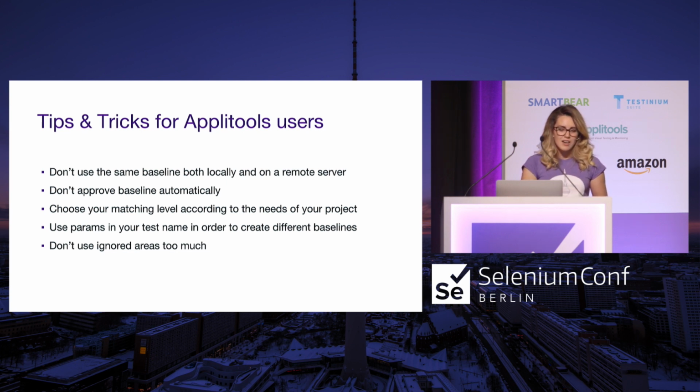Basically, if you're ignoring too much, it means that either you're taking a screenshot of not what you want to test, which means that probably you need to take a screenshot not of the full screen but of some specific components on the screen, or it can mean that the test is just useless, because what are you testing if all of the screenshot is ignored? So as I said, don't use ignored areas too much, because if you do, it means that something is wrong with the test.